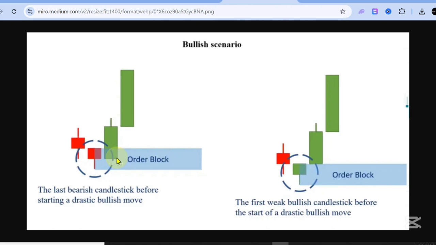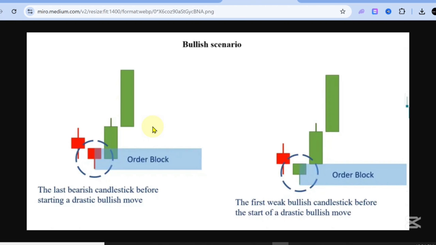Then a bullish candle, or a green candle, that engulfs the previous red candle, and then another green candle. So we have a sell candle, a red candle, a bearish candle, then a green candle that completely covers this particular red candle, and another green candle. If you spot these three candles like this, you have successfully spotted an order block.